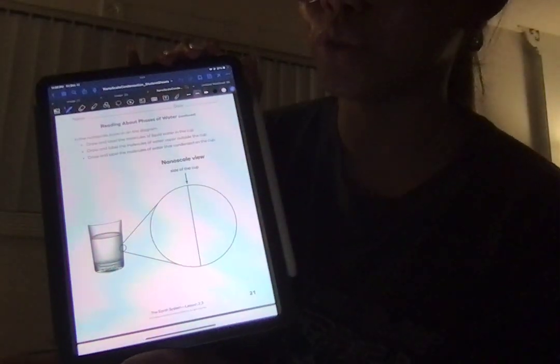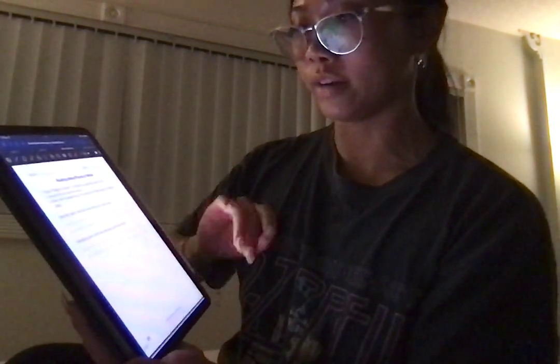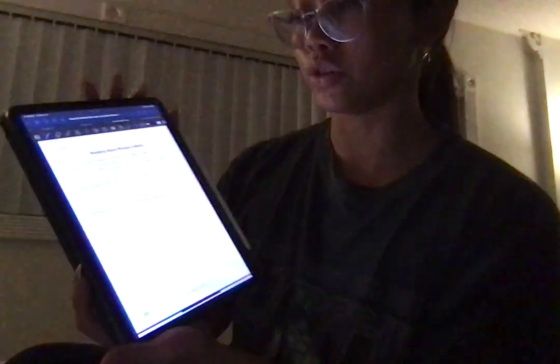Now, I recommend that you first read through pages 28 to 29, and then first maybe draw the nanoscale view of the water, and then go back to page 20 and answer the questions. I feel like putting a visual first will really help you describe what is happening. So I'll give you a couple minutes to answer the questions.